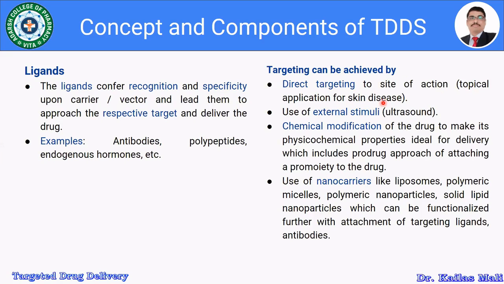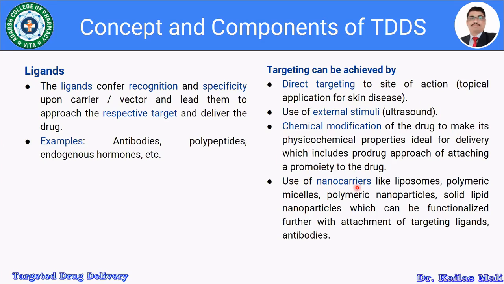It is possible to target the skin directly by preparing the topical formulation. The use of external stimuli, for example, ultrasound, which increases the permeability of the drug. Then the chemical modification of the drug to make its physicochemical properties ideal for delivery, which includes the prodrug approach of attaching a promoiety to the drug. So chemical modification is yet another alternative available to target specific cells, tissues and organs.